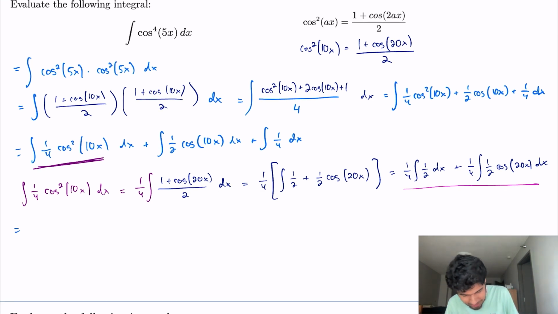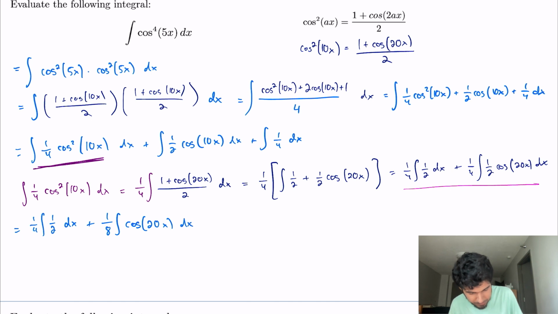So this will be equal to 1/4 integral of 1/2 dx plus, I'll bring out the 1/2 to make it 1/8, integral of cosine of 20x dx plus 1/2 the integral of cosine of 10x dx plus the integral of 1/4 dx.